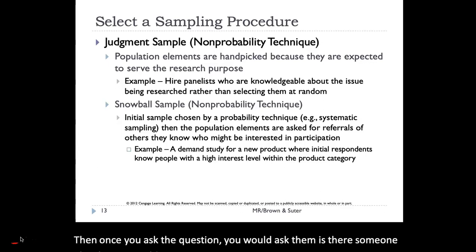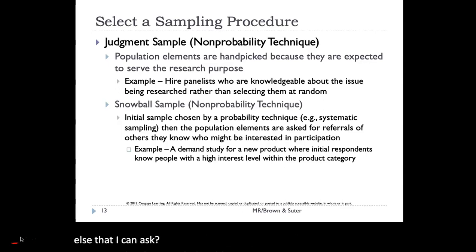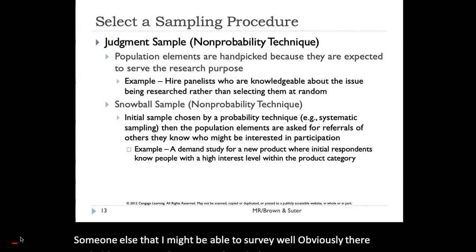Do you know someone else that I might be able to survey? Well, obviously, they're probably going to refer you to a friend of theirs, someone who's in the same age bracket, same income bracket. So it snowballs because you start getting the same type of people from these referrals, and you don't get a wide range of different people. Again, that's what makes it non-probability.